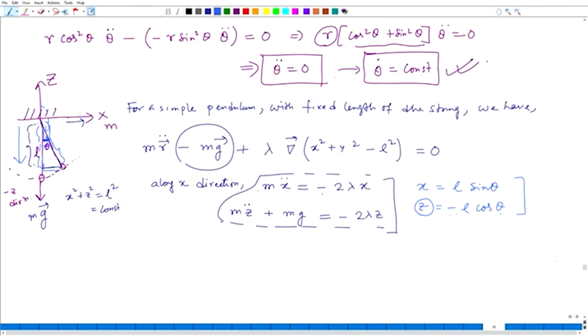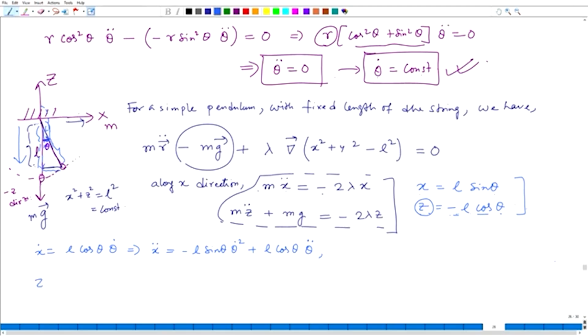If you have x is equal to L sin theta and z is equal to minus L cos theta, then your x dot will simply be L cos theta theta dot, and your x double dot will simply be minus L sin theta theta dot square plus L cos theta theta double dot.